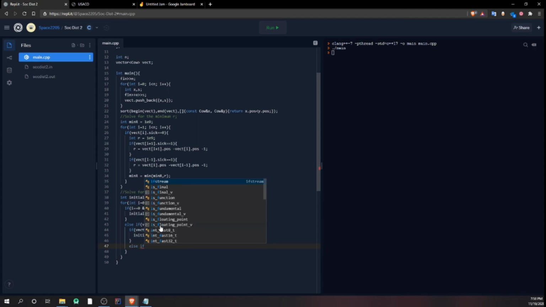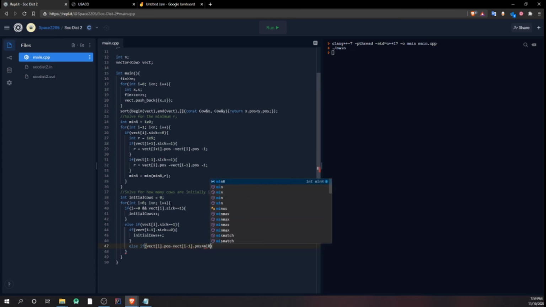Otherwise, we check if the distance between the current cow and the previous cow is greater than the minimum r that we set, the radius, then that would also have to be an initial cow. So we can say vect at i dot position minus vect at i minus 1 dot position, if that is greater than the minimum r, then we're also going to increment initial cows.